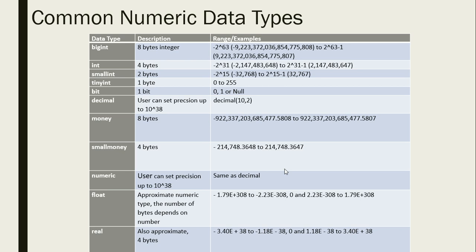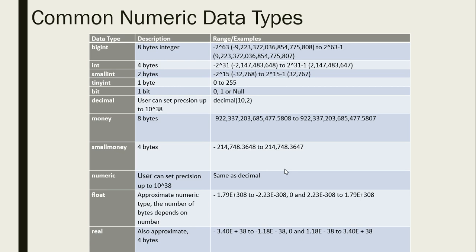You have to use a big int. The difference between an int and a big int is either 8 bytes or 4 bytes, and 8 bytes is not that big. So maybe it's really not that much more space just to say, let's just use 8 bytes in case we have to go big. Or money, which is 8 bytes.